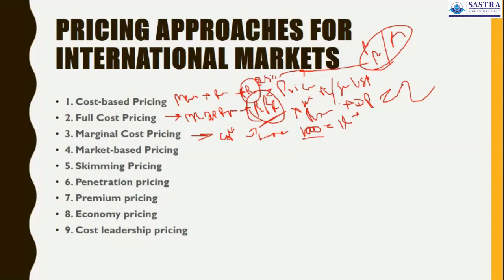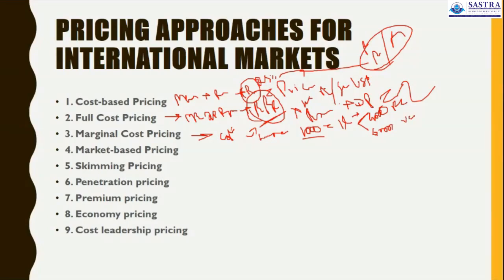In that 1 lakh, you can take 40,000 rupees as the fixed cost, and you can take 60,000 rupees as the variable cost.